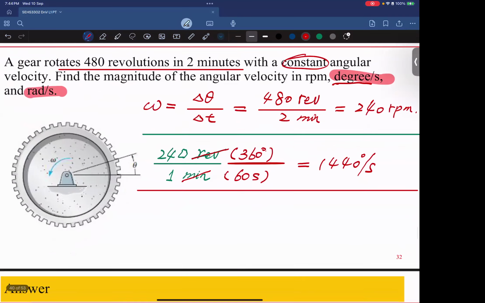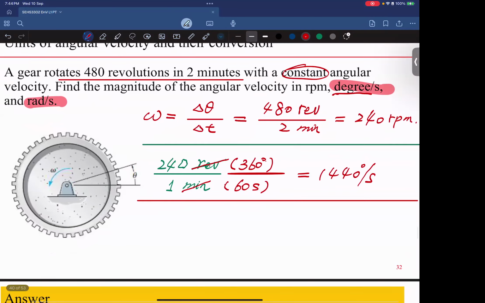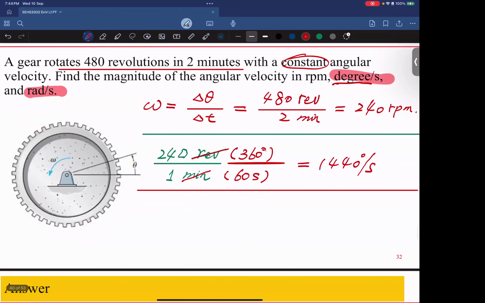From RPM to radians per second, same thing. We just repeat it: 240 revolutions per minute. Per minute means each 1 minute, and we do the replacement. 1 revolution is 1 cycle of rotation, 1 cycle is 2 pi rad, and 1 minute is 60 seconds.